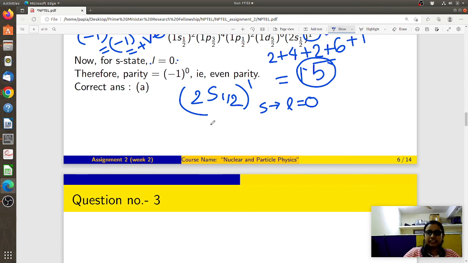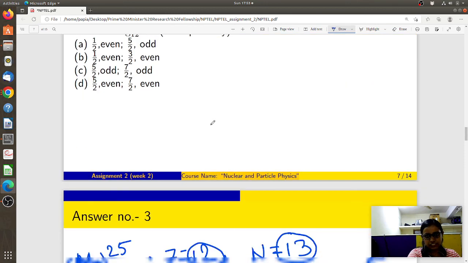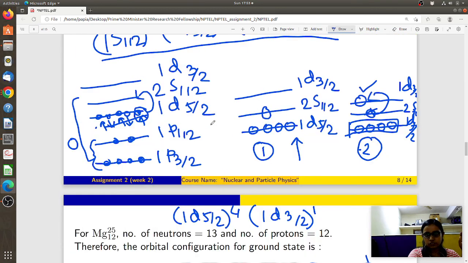Then we can have knowledge about spin, parity, and all the nuclear properties, because the nuclear properties depend on the valence nucleon, not on the compactly formed core nucleons. Only the valence nucleon is responsible for the nuclear properties. So these are the main features of the first 3 questions.